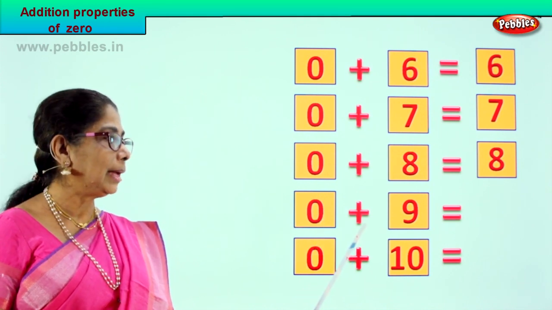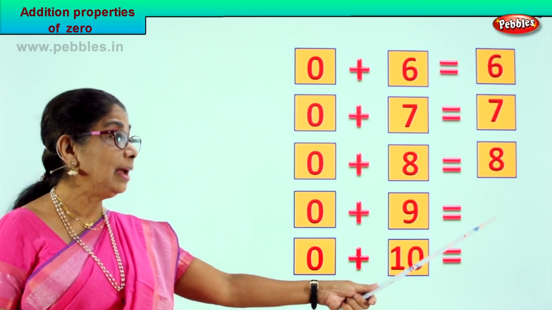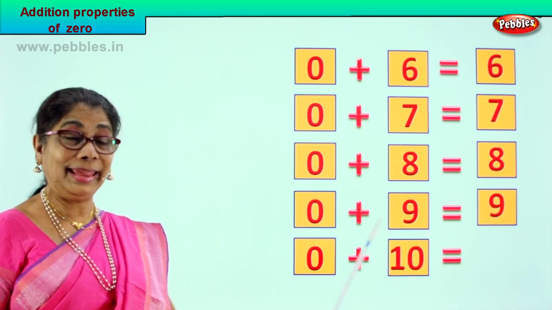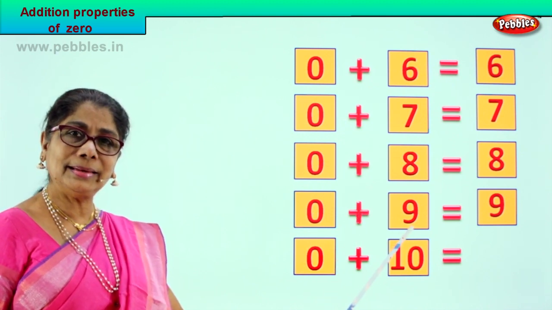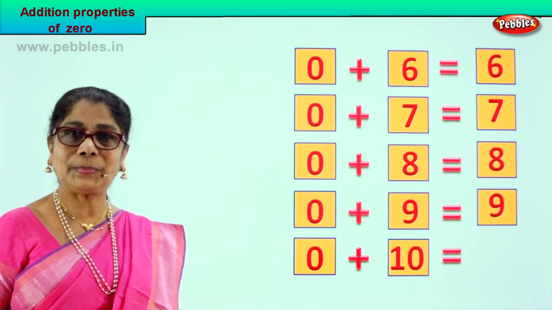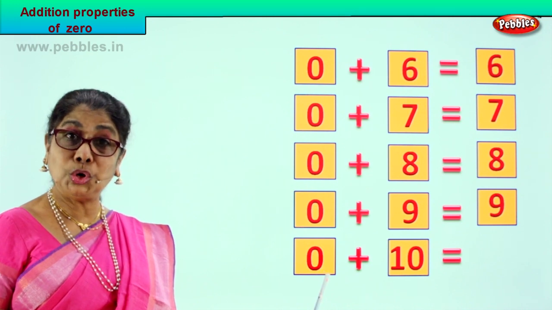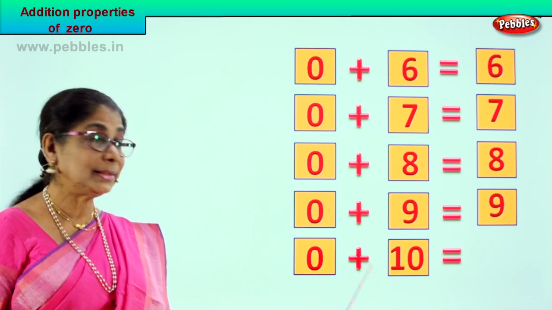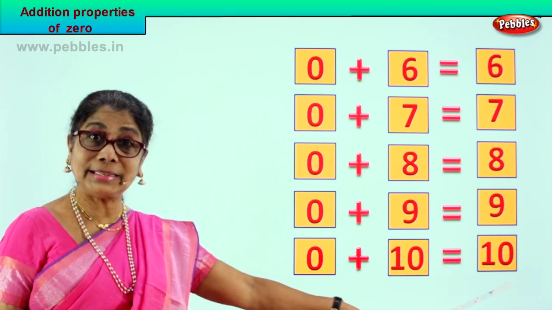Good. Let's look at the next one. 0 plus 9 is equal to the number 9 itself. Look, finally, 0 plus 10 is equal to the number 10 itself.